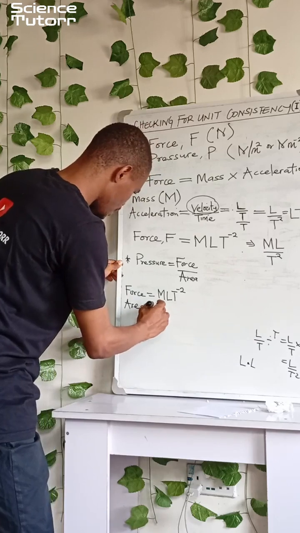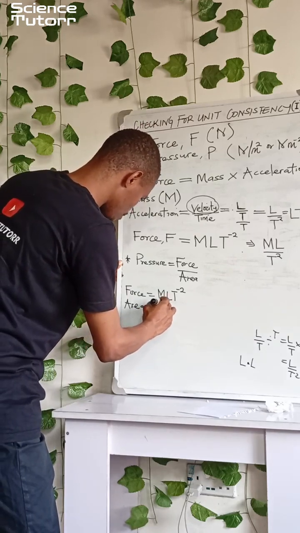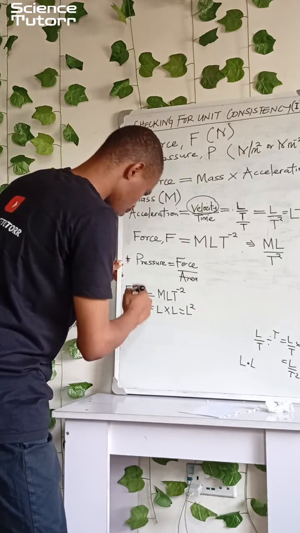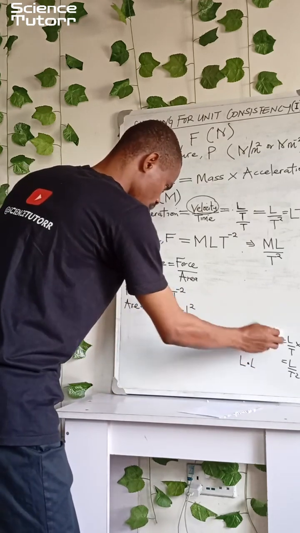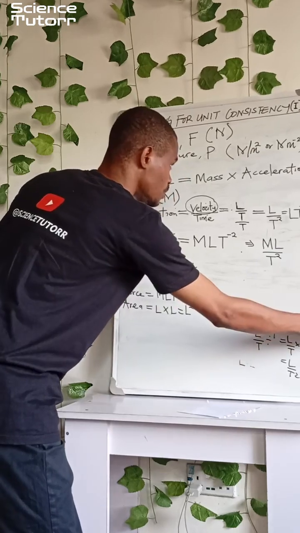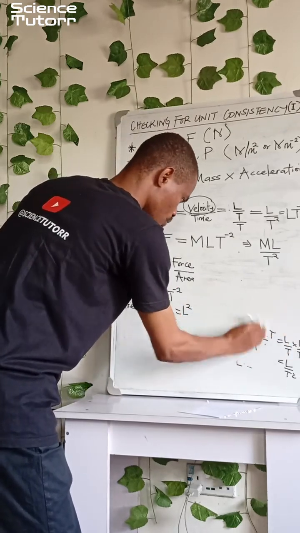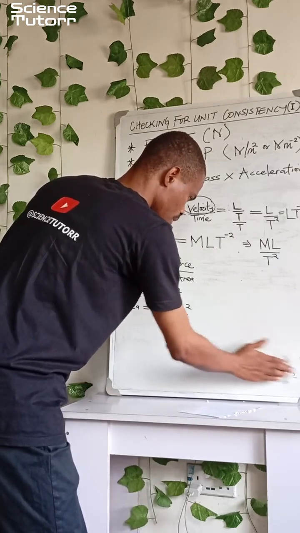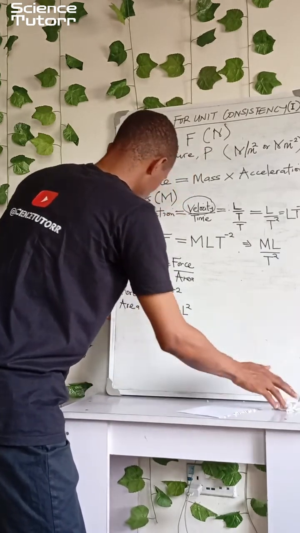So area is L raised to power 2, L times L, which is L squared. So at the end of the day, when we combine both of them together, we are going to get the unit consistency, the dimensional analysis for the pressure.